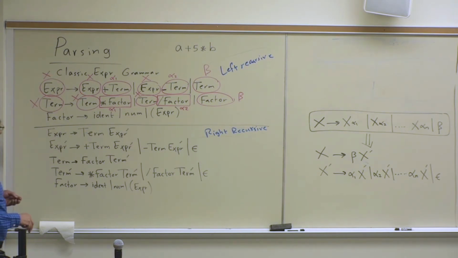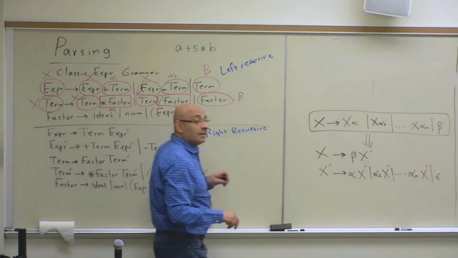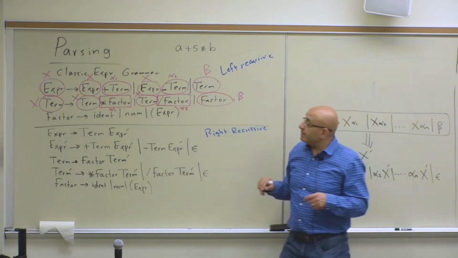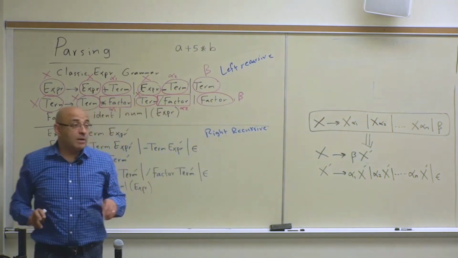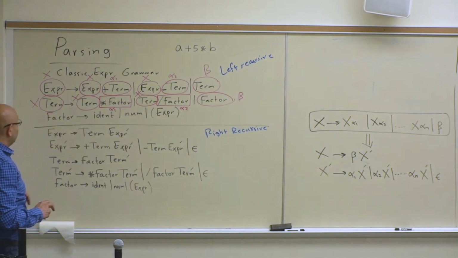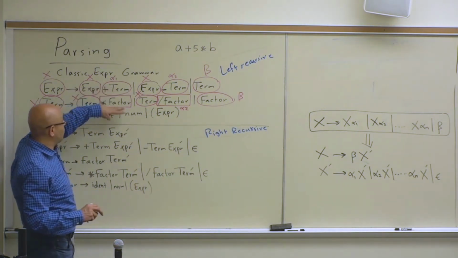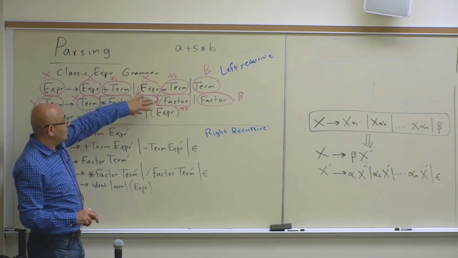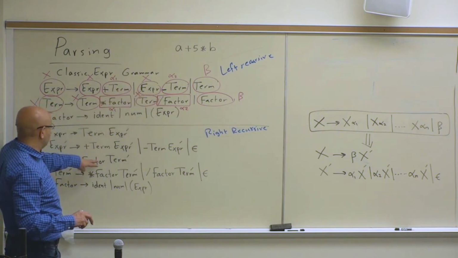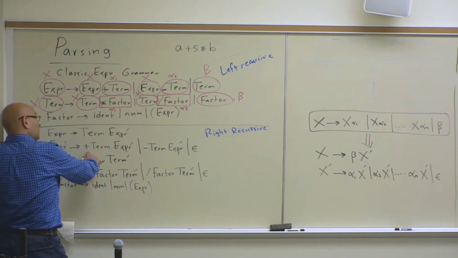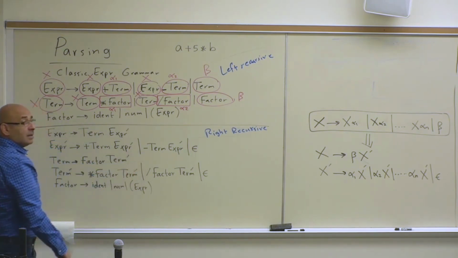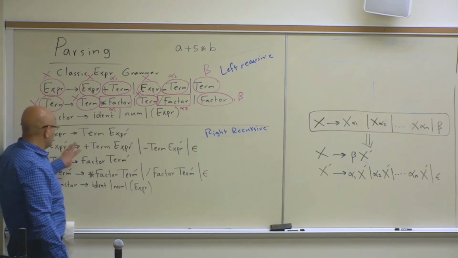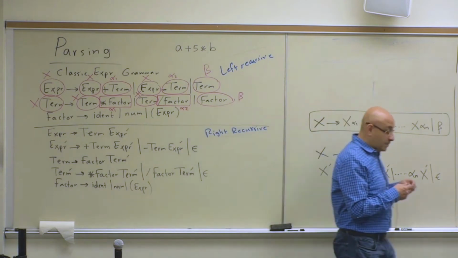Does it look counterintuitive? Yeah, so clearly, this is the grammar that's intuitive and logical and human readable. This is the grammar that you would construct as a human being, but this is a grammar that we got by converting this left recursive grammar into a right recursive grammar. So this plus term thing and minus term thing looks very awkward, right?